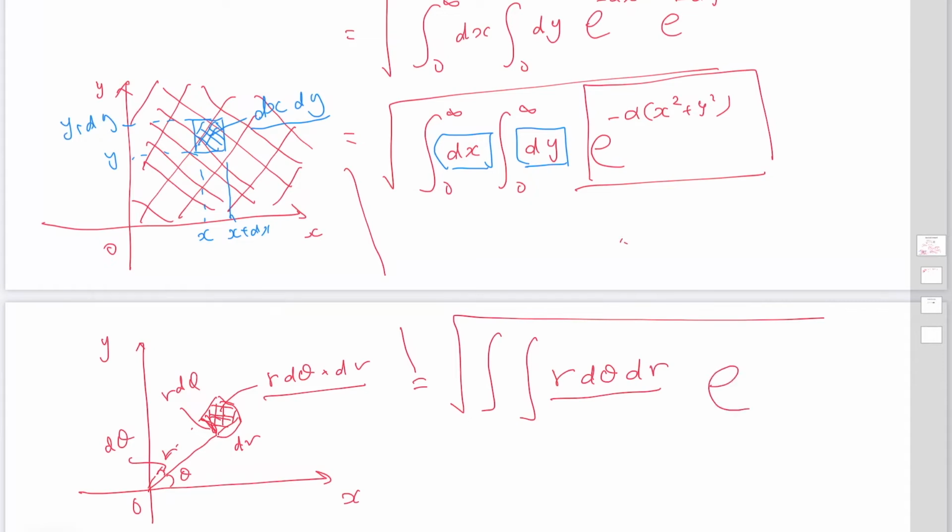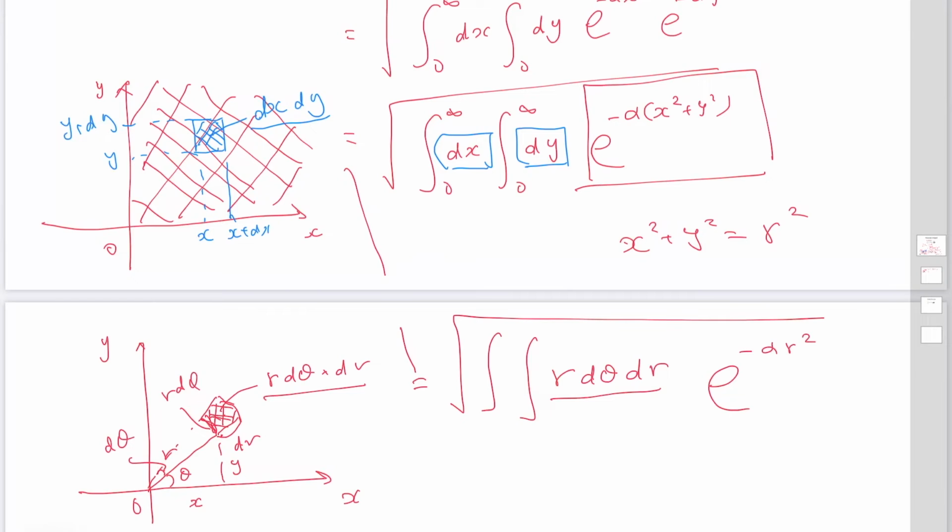And for the exponential term, x squared plus y squared is exactly equal to r squared, because this is x and this is y. By the Pythagorean theorem, x squared plus y squared equals r squared. So this becomes minus alpha r squared.